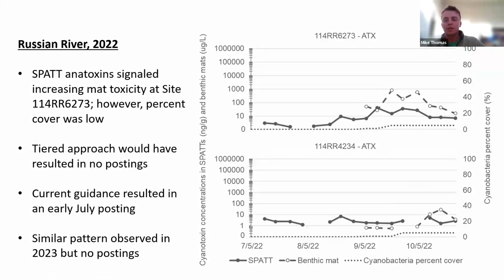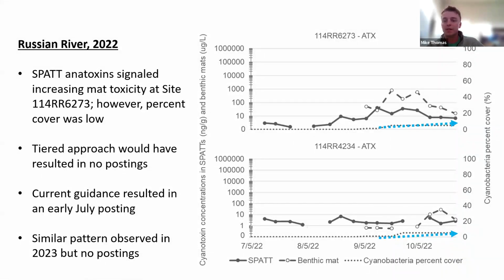Okay, moving to the Russian River in 2022, we see that spat concentrations remain low throughout the study. There were some small spikes in spats in the top graph. However, percent cover remained low at both sites. Because deliverability was low, no postings were recommended in this situation.